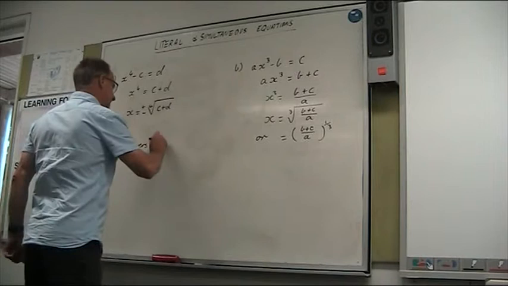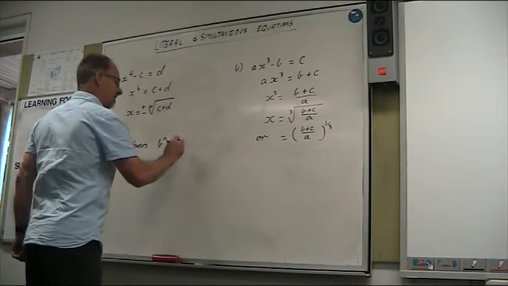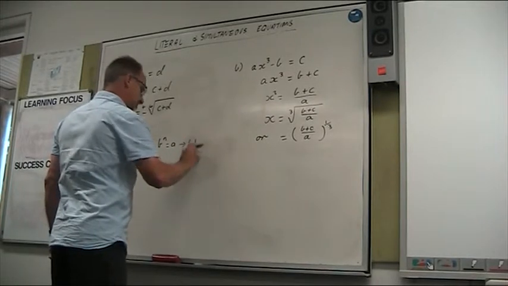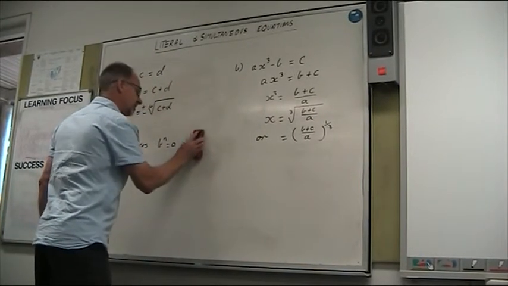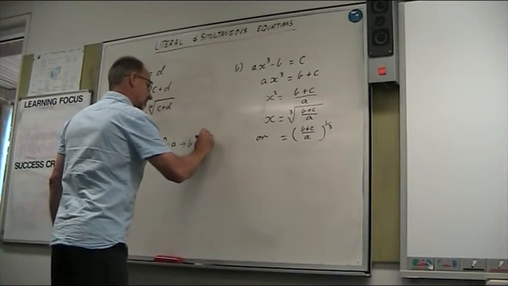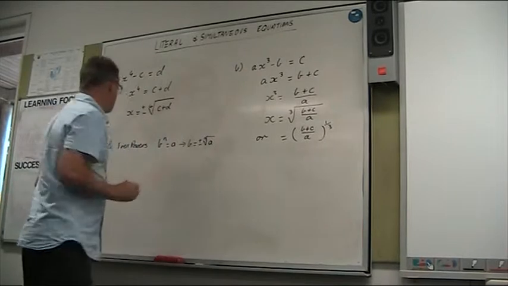So b to the n equals a. b would be plus or minus the nth root of a.